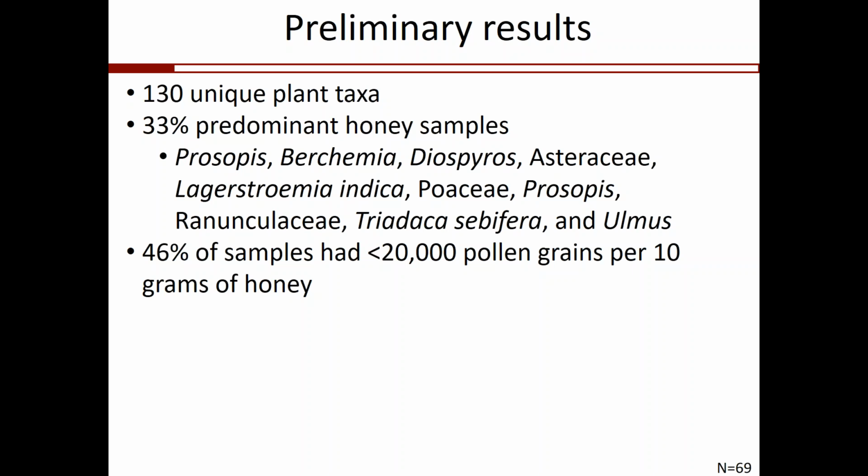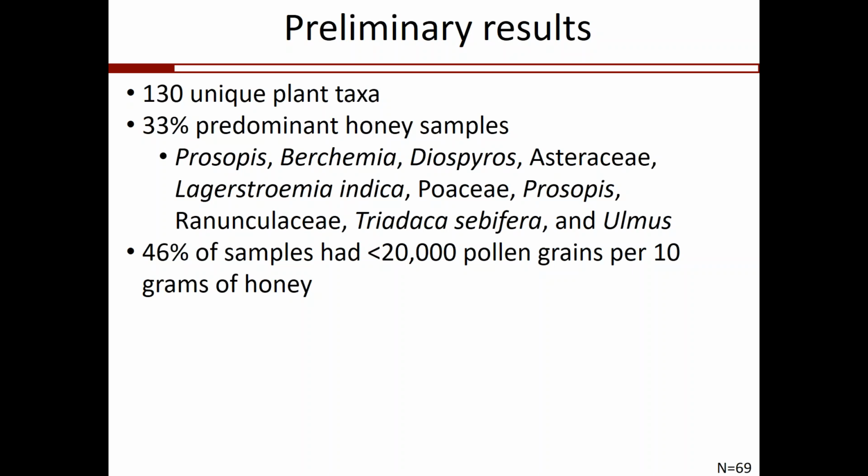Lagerstroemia is actually an interesting one. That's crepe myrtle. But the thing is, crepe myrtle and also the next one, grass, do not produce a nectar. They produce only pollen. So probably the pollen from the cells got out and got into the honey somehow. And Prosopis mesquite, you have a buttercup family, Ranunculaceae. Triadica, that is your Chinese tallow. That was one of the predominant types. And sweet elm. So this list over here were the honey types that were predominant.